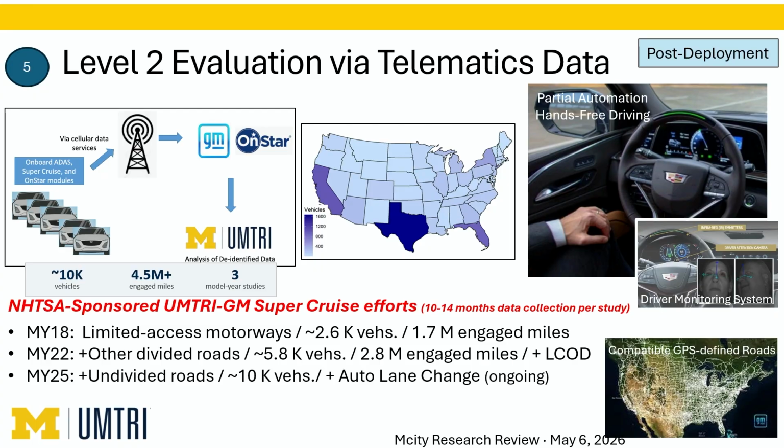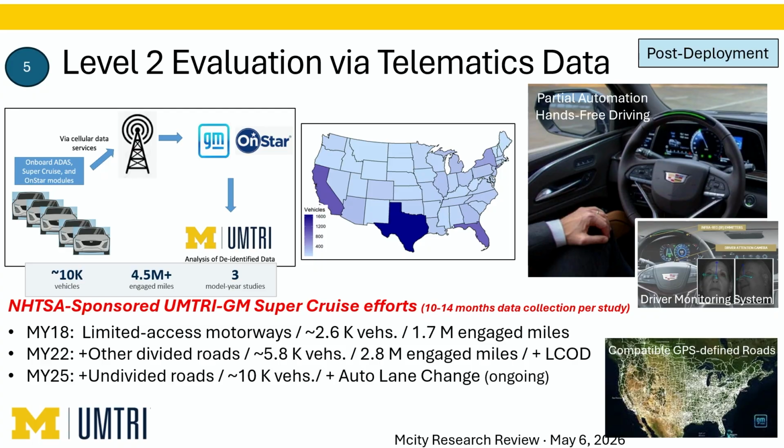This was sponsored by NHTSA and heavily supported by General Motors. They partnered with us and involved using their data. And the really cool thing about telematics is that you can have a lot of it for not very much money, and it spreads across the entire country.